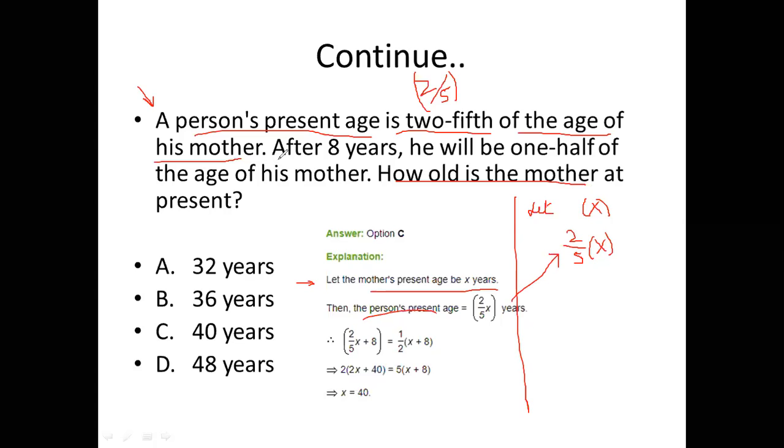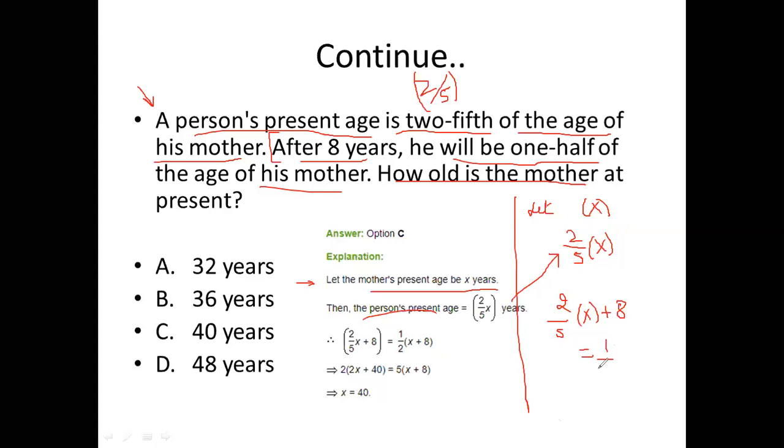Now reading the next statement, it says after 8 years, he will be 1/2 of the age of his mother. So the person's age is 2 by 5x. After how many years? After 8 years. So we will add 8. And how much will it be? He will be 1/2 of the age of his mother.